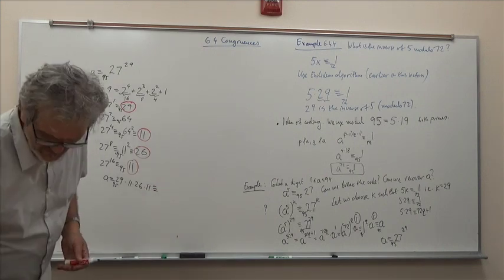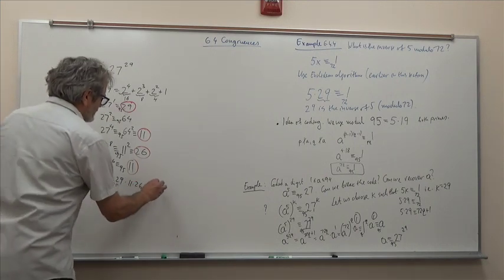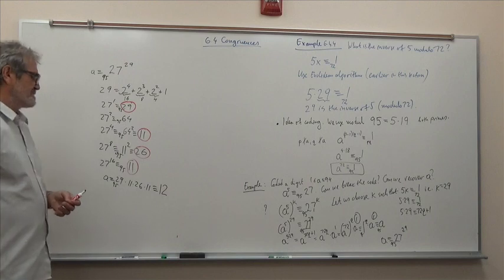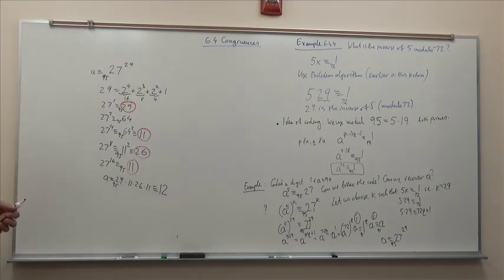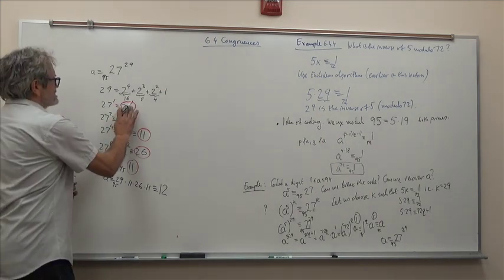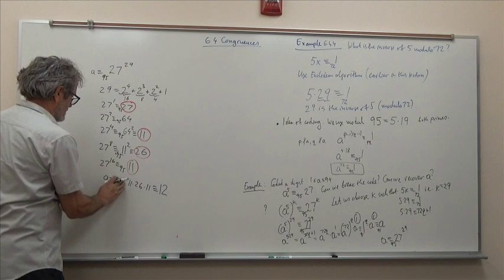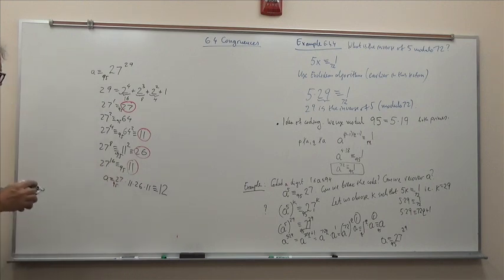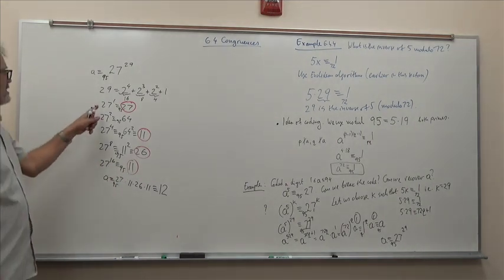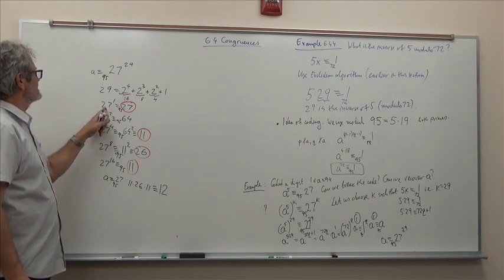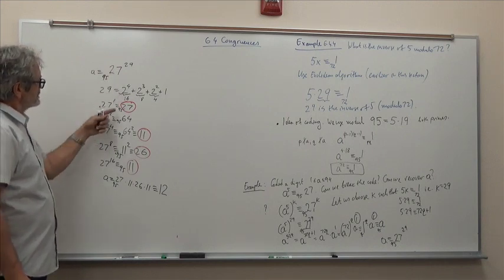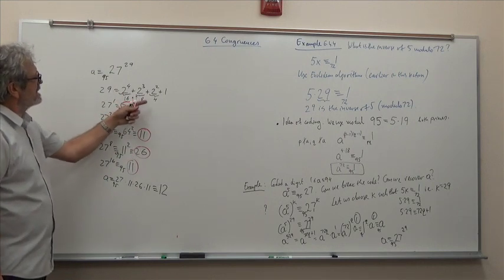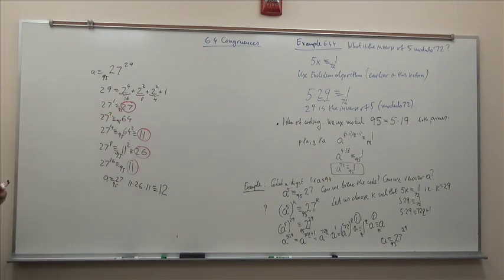And when you reduce it modulo 95, you get 12. 27, sorry, this is 27. 11 times 11. 27 and 29 are close, but I shouldn't mix them up. So 27 is in the base, and then 29 was broken into these powers, and then we're repeating it here.